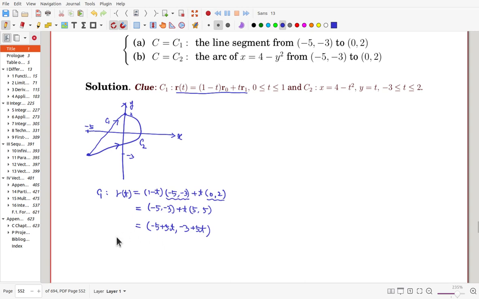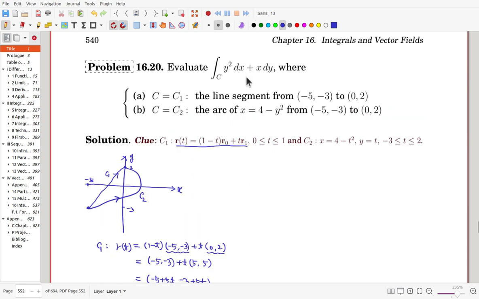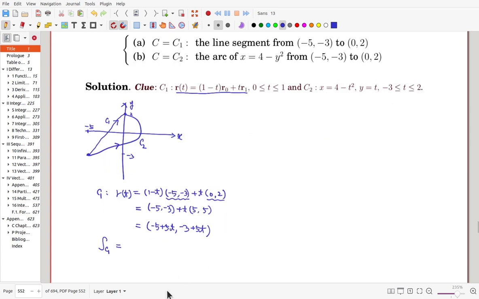So for the given integral with respect to C1, let's use some other notation. The integral over C1, what is the integrand? The integrand is y squared dx plus x dy. So that is the integral from 0 to 1, with t moving from 0 to 1.